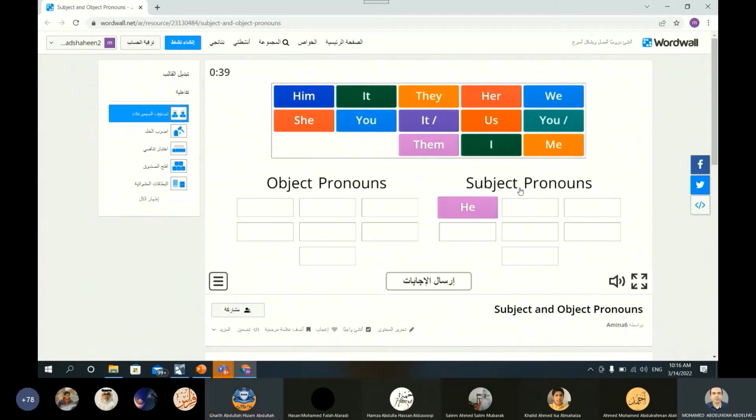Okay? I have got an idea. I will read the pronoun and you will tell me if it is subject or object. This is easier. Okay, let's try this. Him. Object. Object pronoun. You. Subject or object?